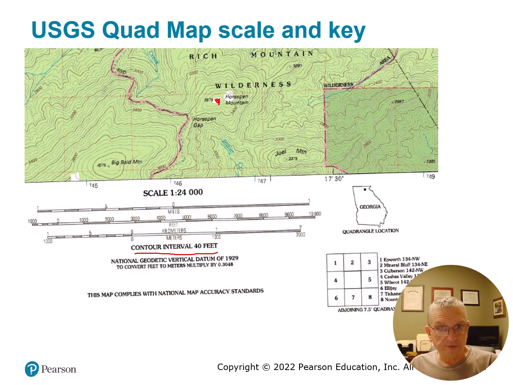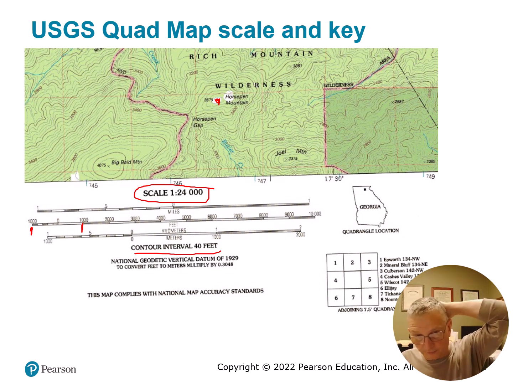Contour interval, 40 feet. Notice what's in big and bold. Scale, 1 to 24,000. If you do the math, that's 1 inch equals 2,000 feet. So on the drawing, from here to here is going to be 1 inch because it's 2,000 feet.